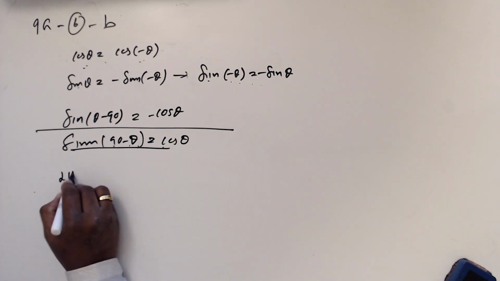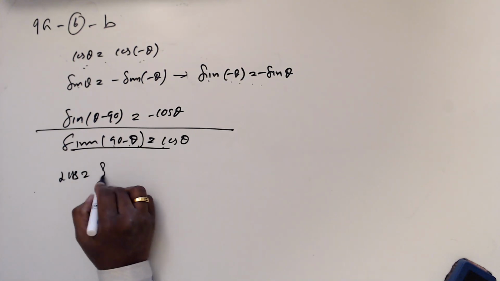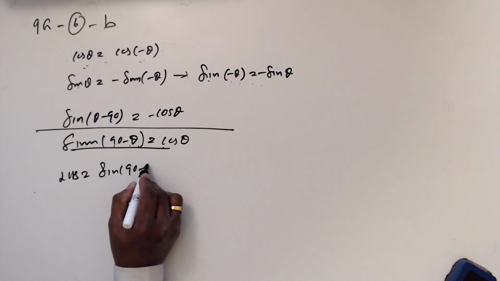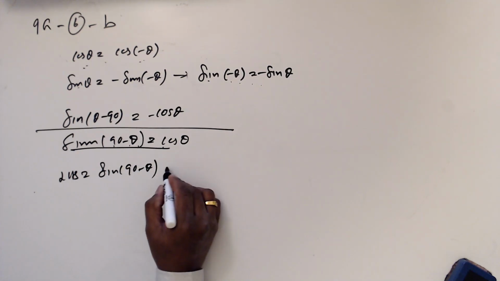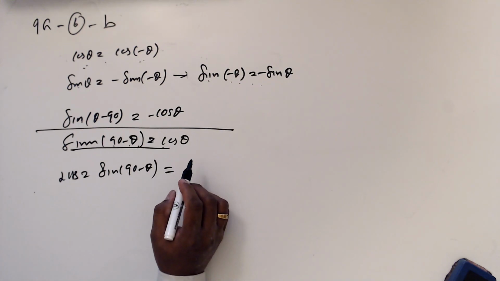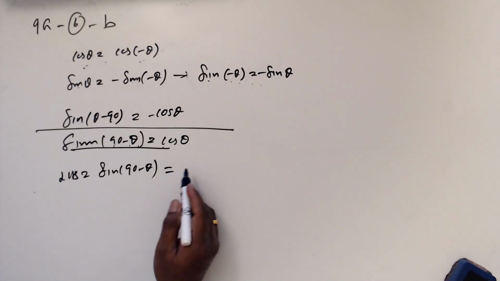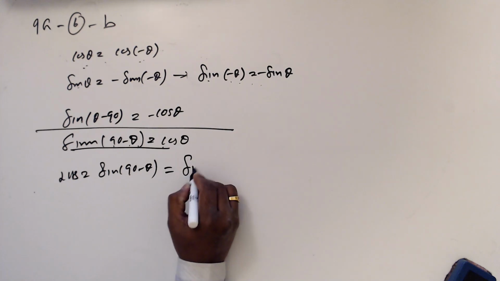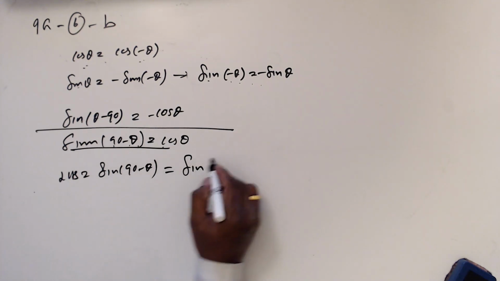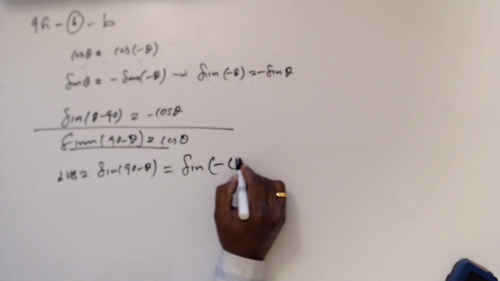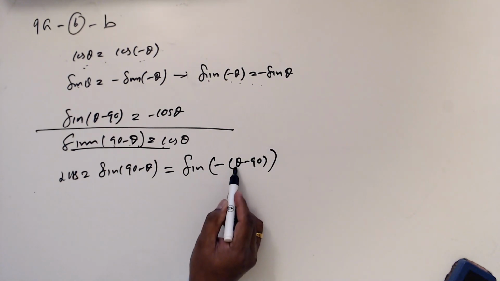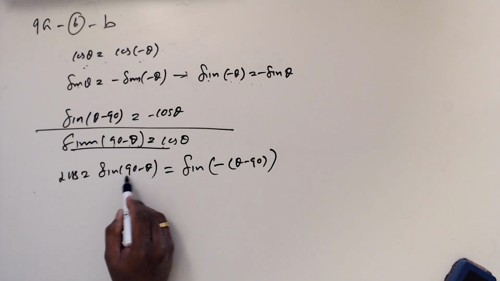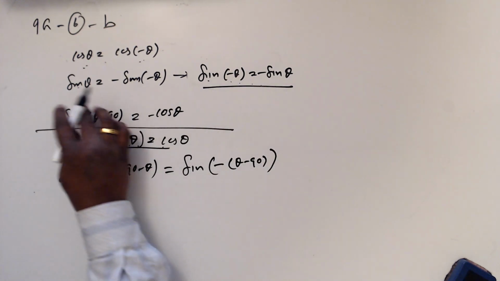Okay, I'll start with the left hand side. What is it? Sin 90 minus theta. I will take the minus out from here. Then this will become theta minus 90. When you multiply this one, you can see it's still the same thing. Now I'm going to use this one.